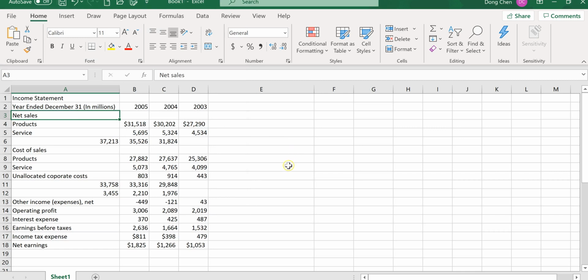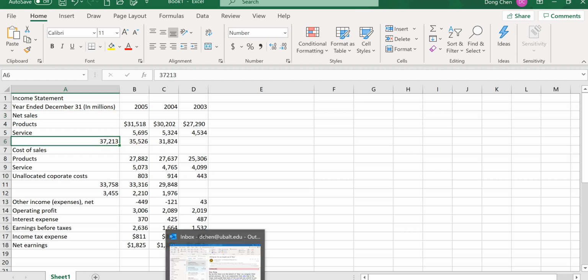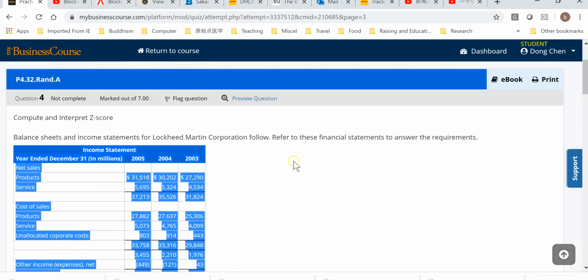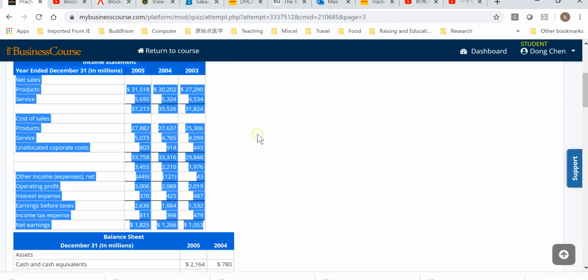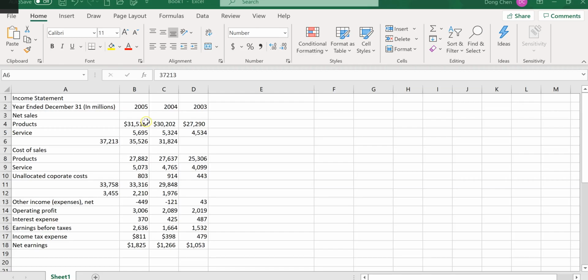And this is the income statement. If you pay attention, there is actually some mismatch in the pasting results, so we need to move this. If we compare this with the original data, we can see that the service here has a one column mismatch.